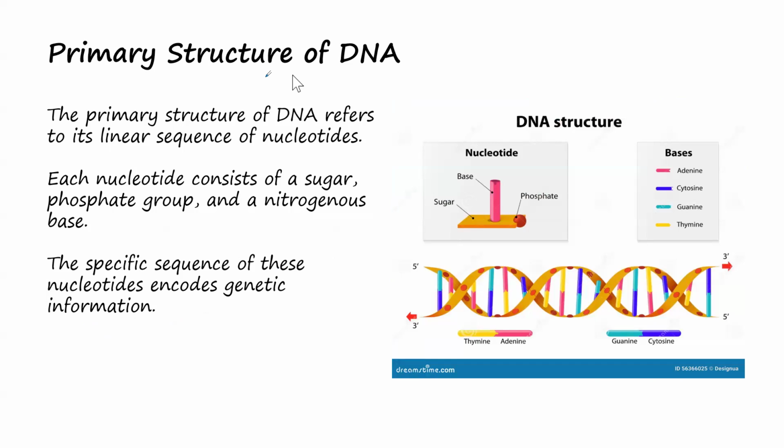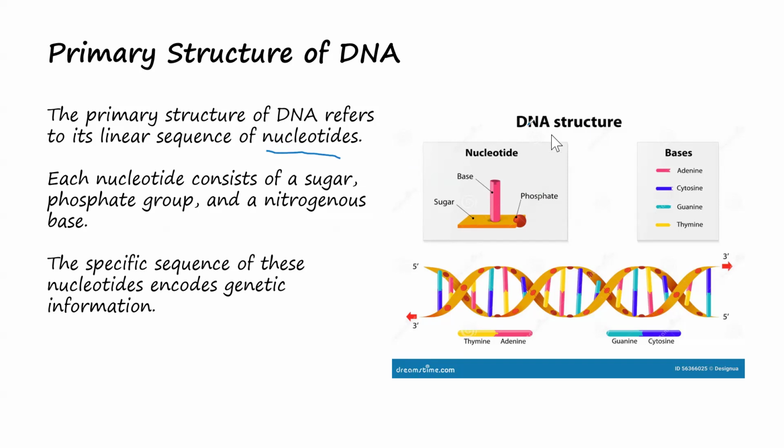Then let's start with the primary structure of DNA. The primary structure of DNA is the linear sequence of nucleotides. This linear sequence of nucleotides is held together by phosphodiester bonds, so each nucleotide joins with another through a phosphodiester bond.